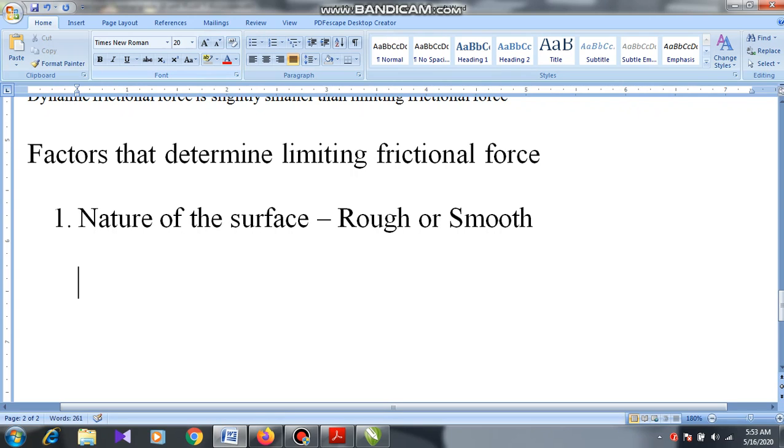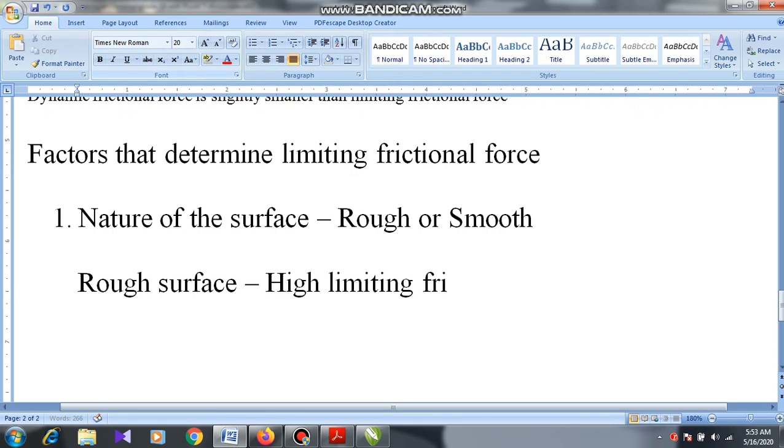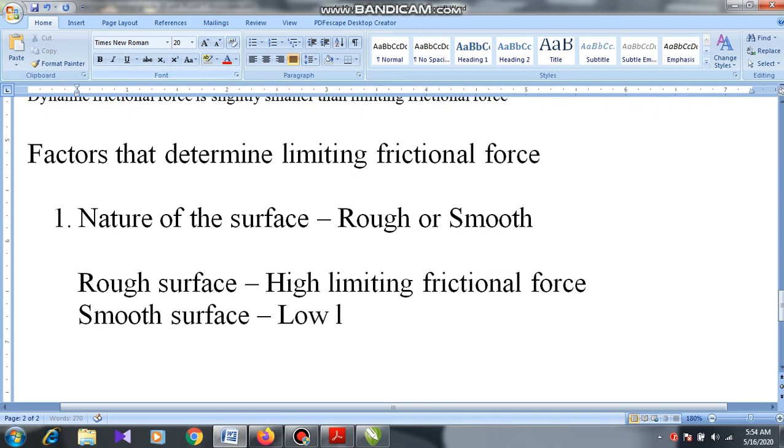In the case of a rough surface, it gives high limiting frictional force. A smooth surface has a low limiting frictional force.